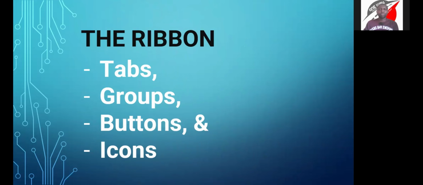Now, the Microsoft Word ribbon is a toolbar at the top of Microsoft Word that contains the following commands, such as the tabs. The tab is further divided into groups, and the groups contain buttons and icons.